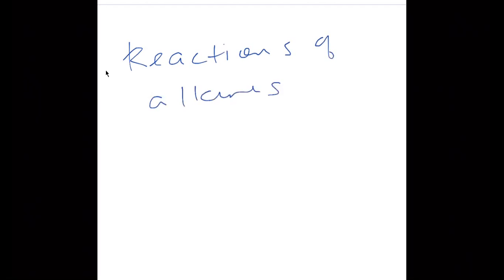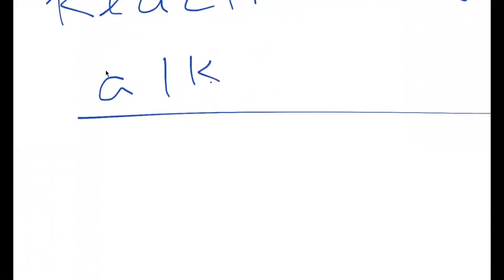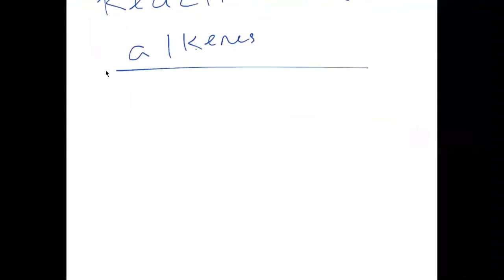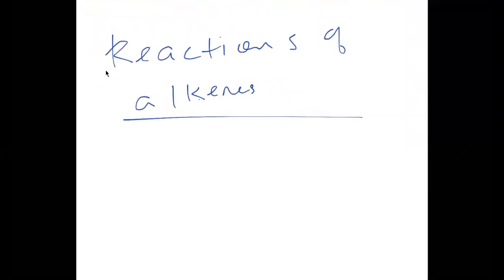But we're going to talk about some reactions of alkenes. Right, but before we talk about any of the reactions and the names and all that stuff, I want to point out a bunch of different little things to look for. All right. So first of all, these reactions are going to happen on an alkene.